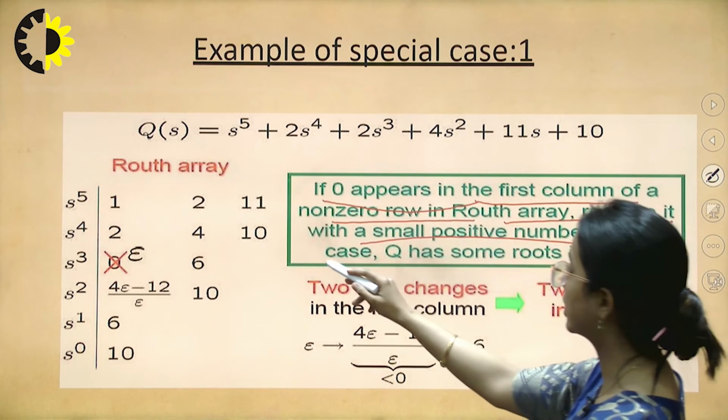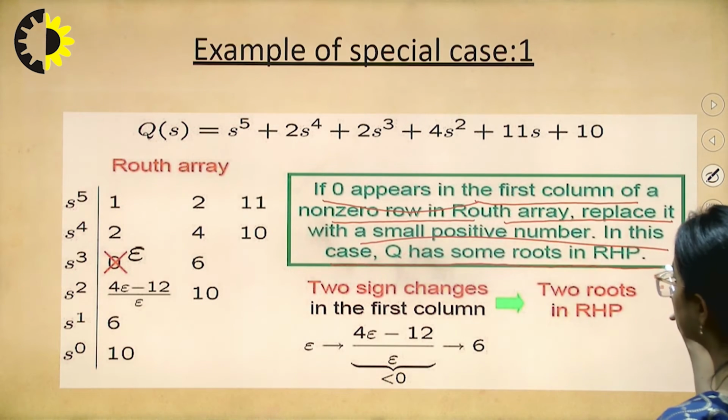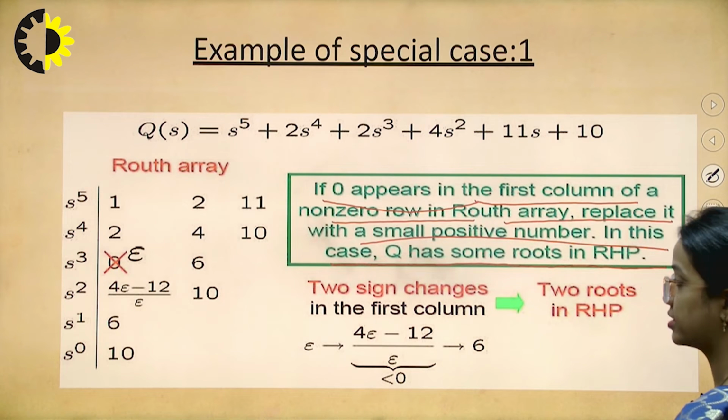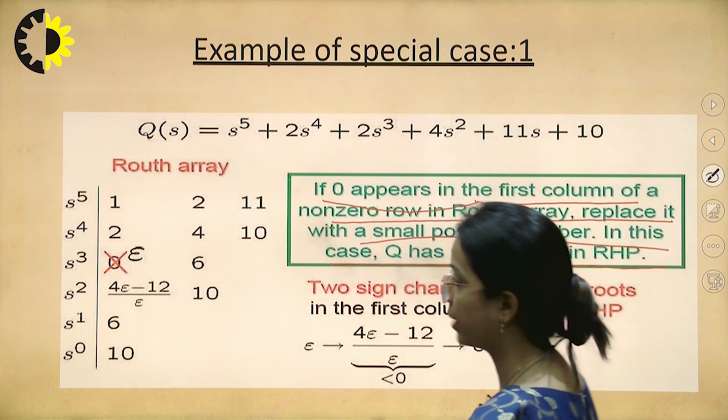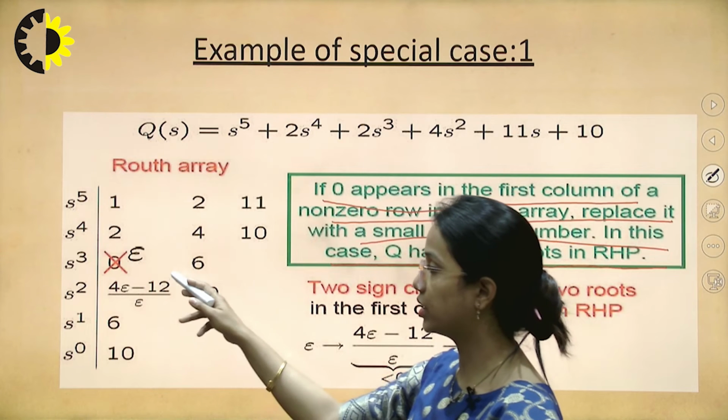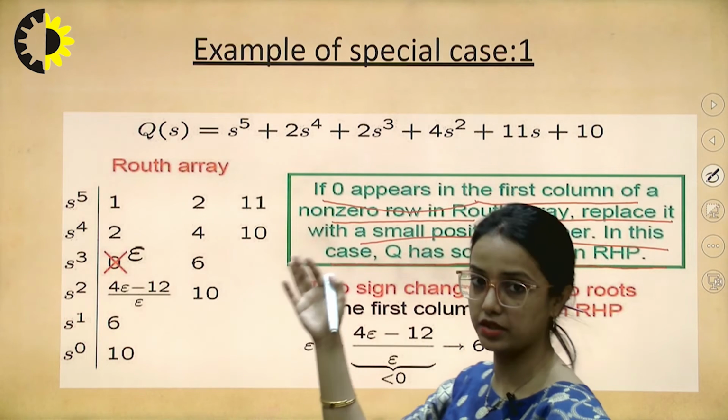In this case, Q has some roots on the right hand side. What is happening? Here zeta is coming out to be unpredictable.